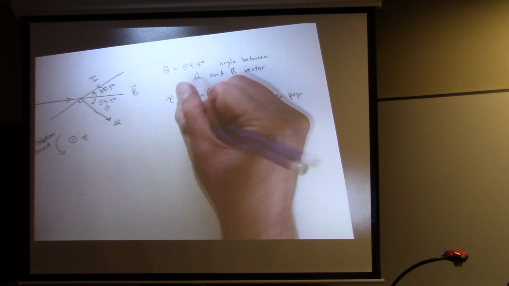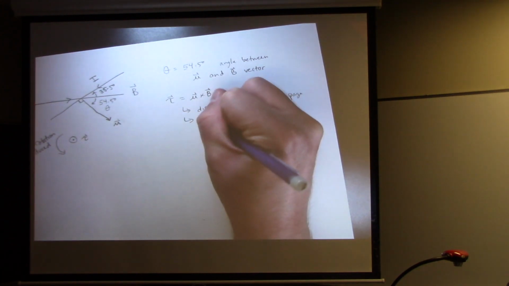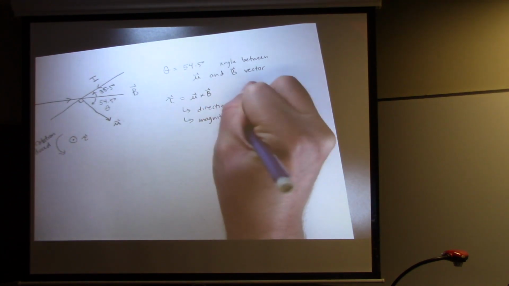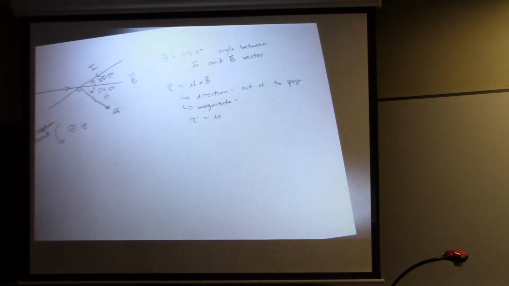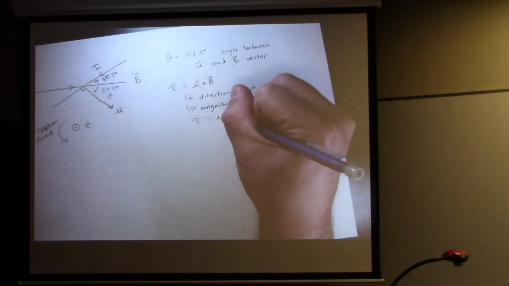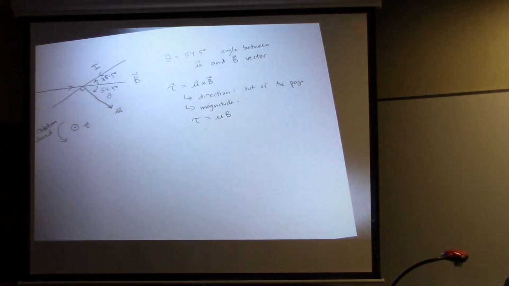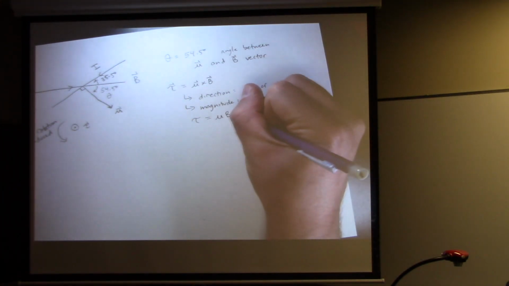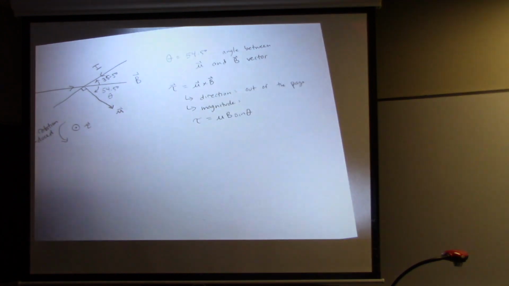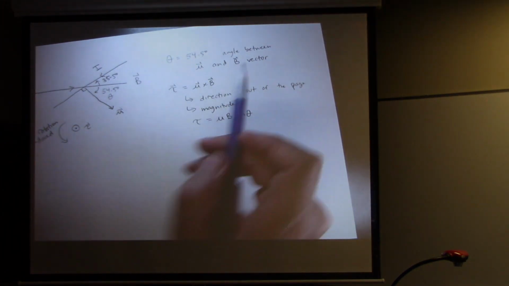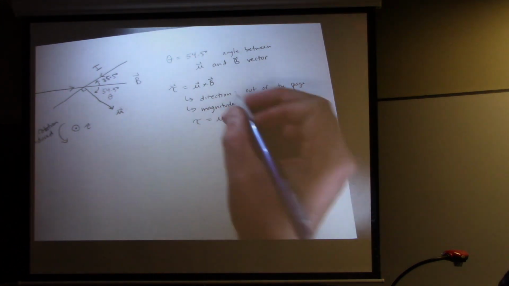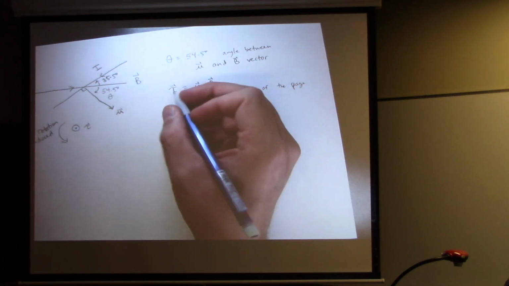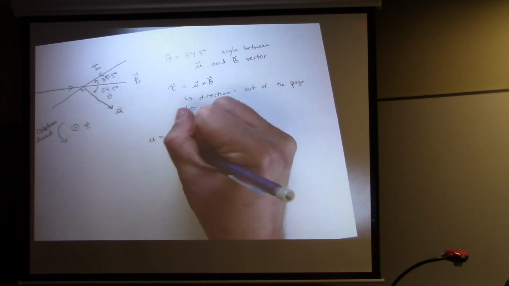Okay, now for the magnitude, well, that's given by, for any cross product, magnitude of the first vector, which is mu, magnitude of the second vector, which is B, times sine of the angle between them. So that's why we said over here the angle between mu and B is important. Let's also remember that mu is equal to NIA.